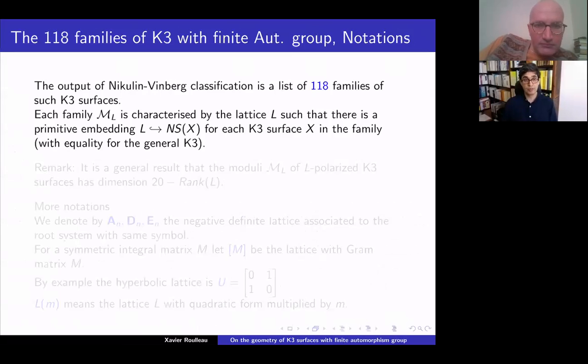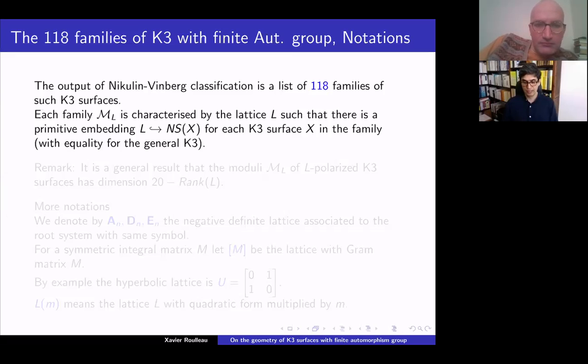So the output of the Nikulin-Vinberg classification is a long list of 118 families of such K3 surfaces. Each family, I denote the moduli of these families M_L, where L is the lattice which is isomorphic to the Néron-Severi group.